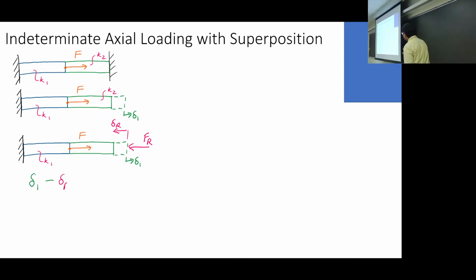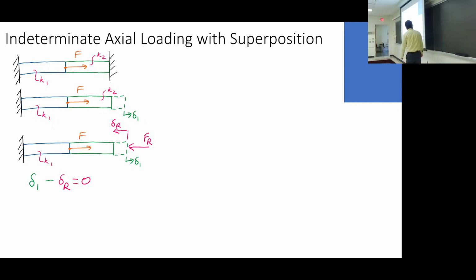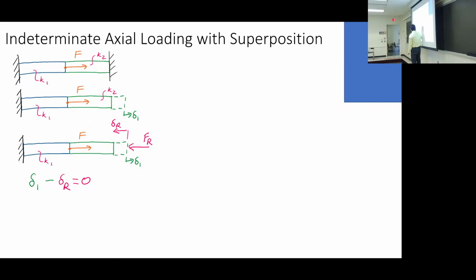And so now what we're saying is this delta 1 minus this delta r, we'll call it, because of this FR, that's equal to 0. Delta 1 I know, delta r I also know. What is delta r?